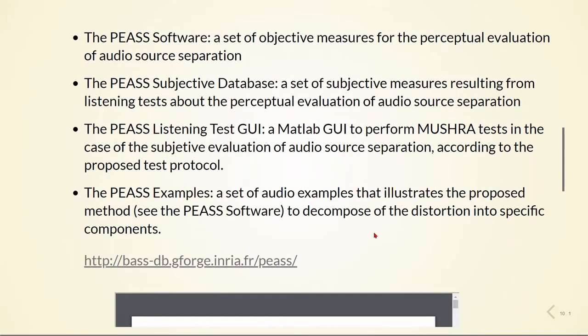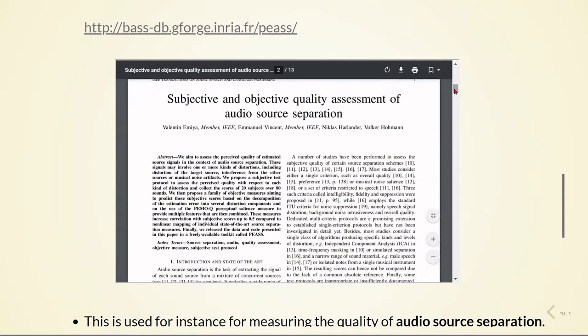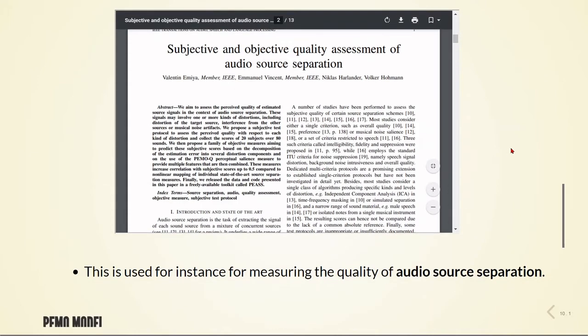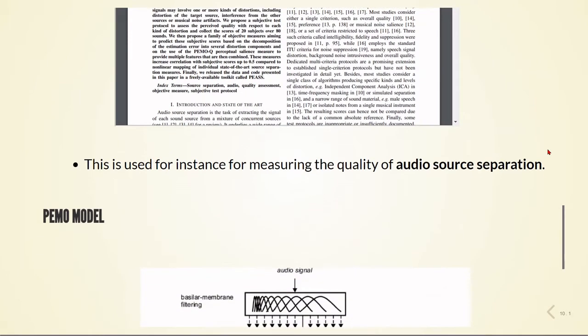You can take a look at the website and also the paper on subjective and objective quality assessment of audio source separation, which also describes the toolkit and the PMOQ models. Those models are used, for instance, for measuring the quality of audio source separation.